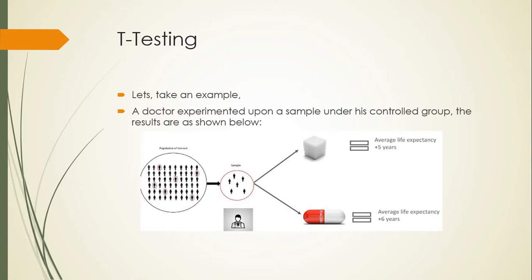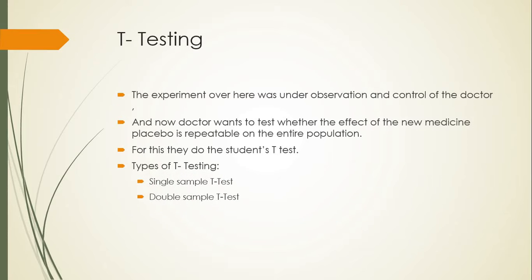So what is t-testing now? Let's take an example. A doctor experimented upon a sample under his control group. The results are as shown below. Here's the total population, and he takes a sample. The average life expectancy is plus 5 years, taking this sugar cube, and taking placebos, the average life expectancy is plus 6 years.